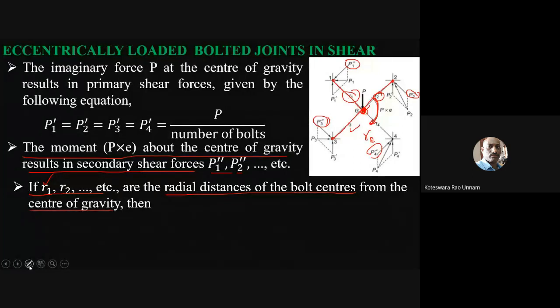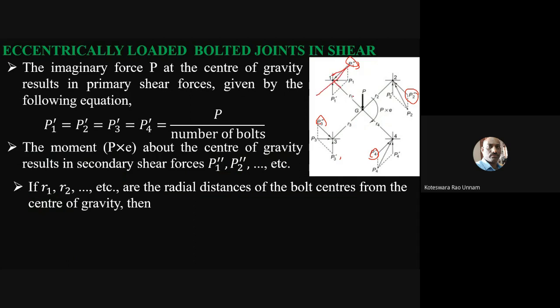Then if I apply the moment equilibrium now, so moment due to the secondary shear force, that is in the first bolt it is P1 double dash, in the second bolt it is P2 double dash, in third bolt it is P3 double dash, in fourth bolt it is P4 double dash. So now suppose I want to calculate what is the moment of this P1 double dash. Again the formula is load into perpendicular distance. Here load is P1 double dash, perpendicular distance is R1.